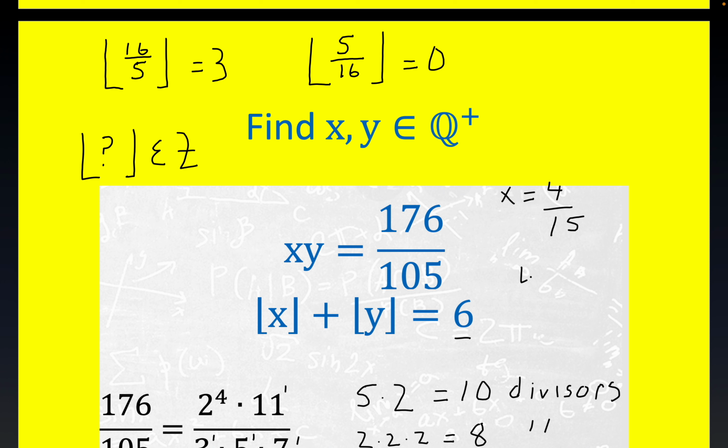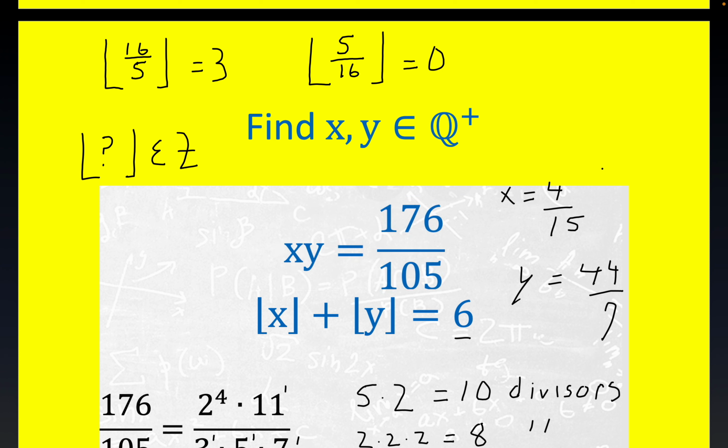And y is 44/7. You can double check, in case I made a mistake here, but it's clear that x times y is 176 over 105 because of the prime factorizations. You can just tell 4 times 44 is 176, 15 times 7 is 105, so that's satisfied.